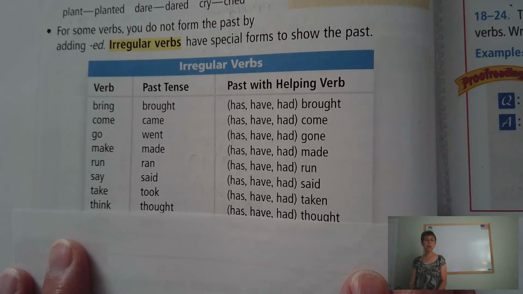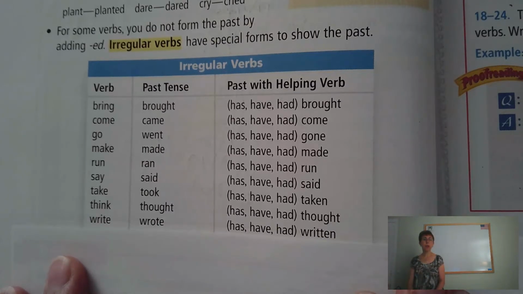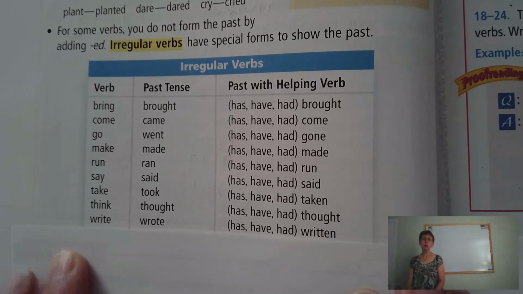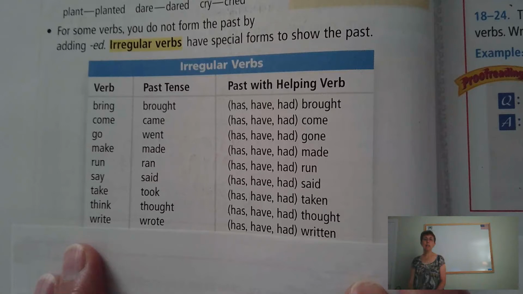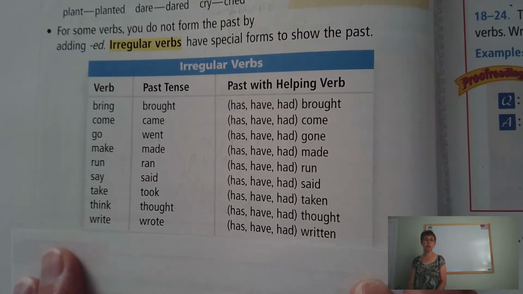Then we have think. Think becomes thought, and then it stays thought with the helping verb, has, have, or had, thought. Write becomes wrote in the past tense, but then with the helping verb, has, have, or had, written.